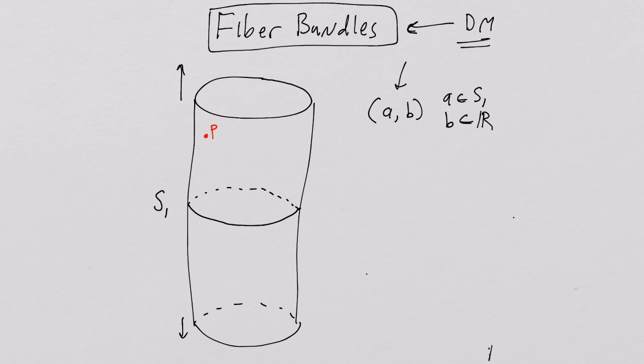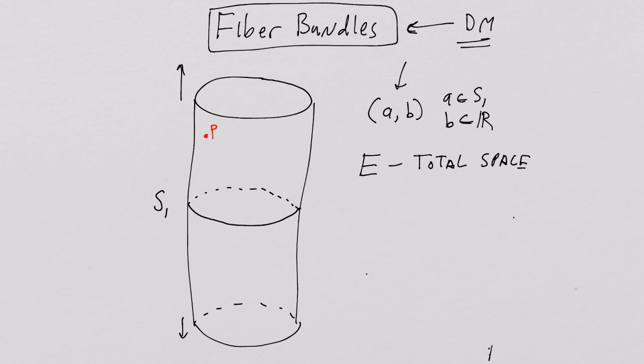But so I can now create this ordered pair for any point on this cylinder. What's interesting about this is I can break this cylinder down into 3 separate differentiable manifolds. The whole cylinder itself is already a differentiable manifold. I'll call it E, and that we're going to learn eventually is called the total space.